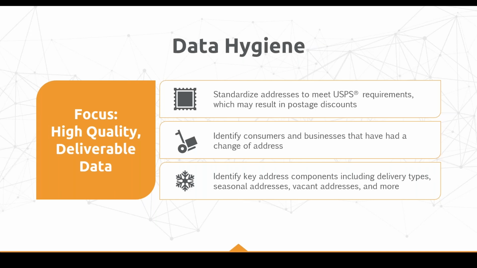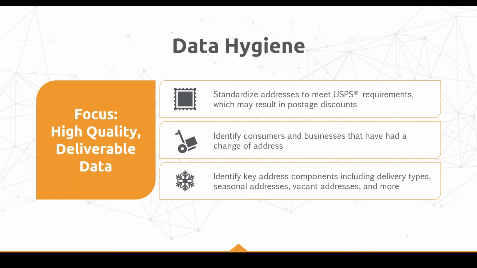Additionally, you want to make sure that your lists are updated so that you don't have any individual on there, or business for that matter, that's potentially changed their address. That's super important. You want to make sure that your mail piece is going to the correct person at the correct address.